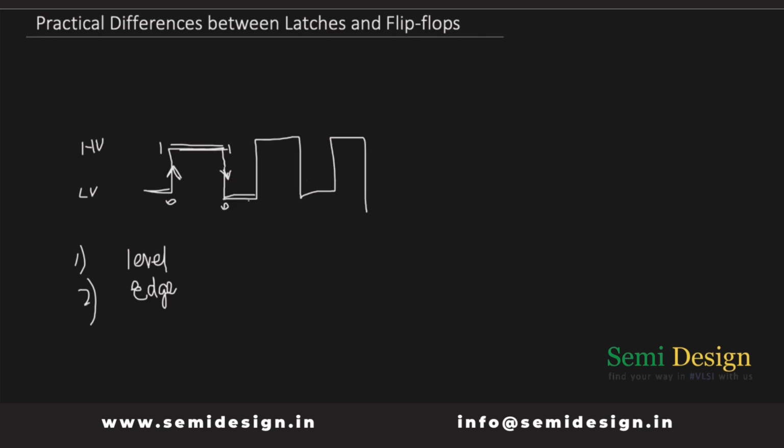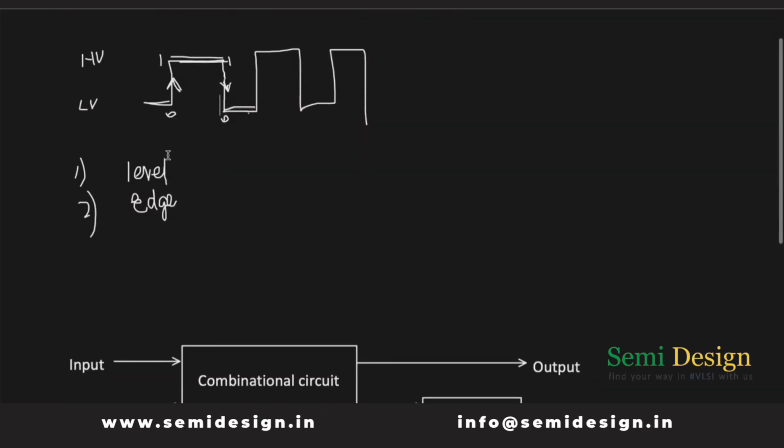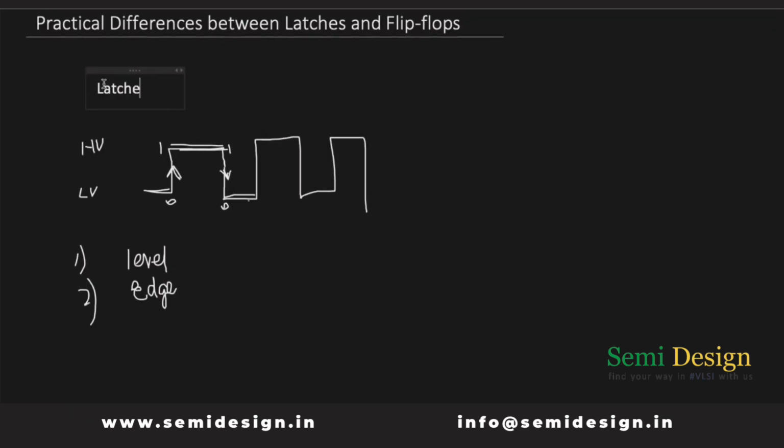Here, latches are triggered when a difference of level arises, like a certain signal is at 0 and it comes to the higher level, then the latch will be triggered, and it will change its state according to the inputs. They are mainly known as level sensitive devices.